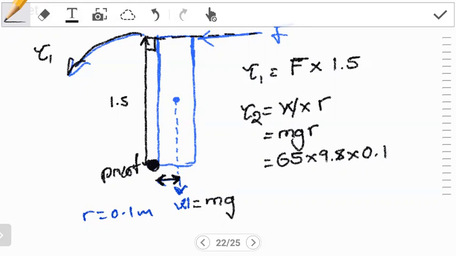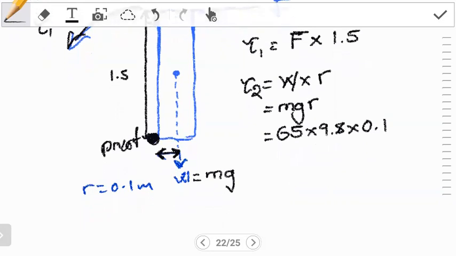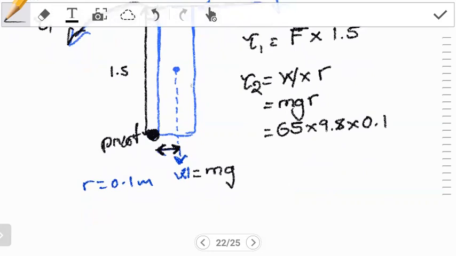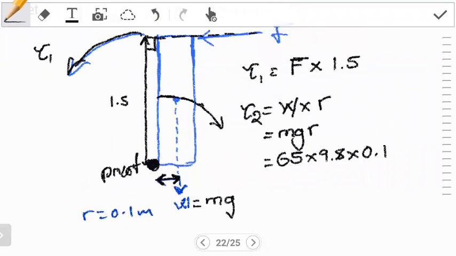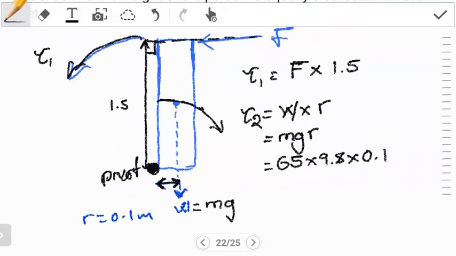Once we've got this, we can look at what we have to do. The idea here is we want to find the toppling force. What is this force? It has to be a force such that the anti-clockwise moment matches the clockwise moment, because in this case the weight causes a clockwise rotation, while the force being applied causes an anti-clockwise rotation.